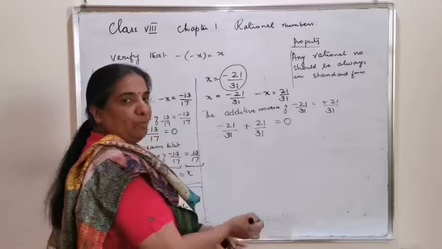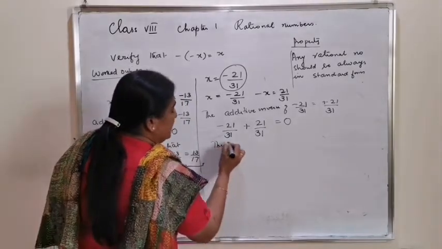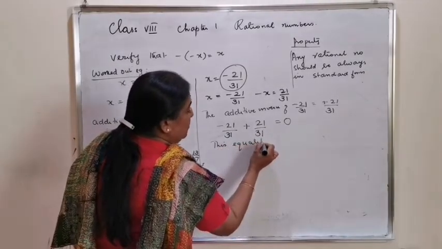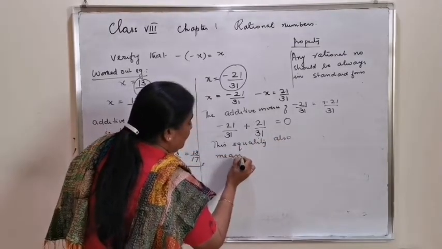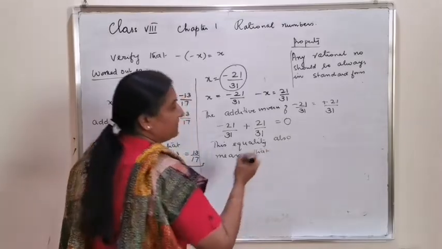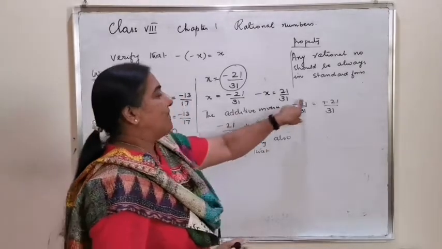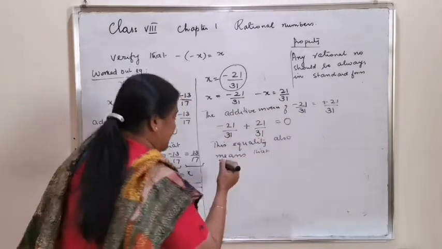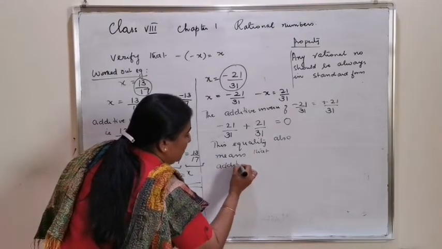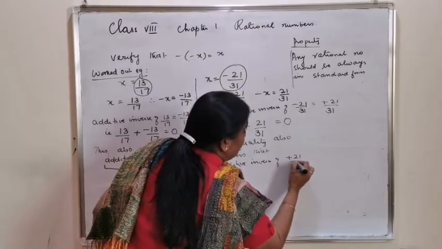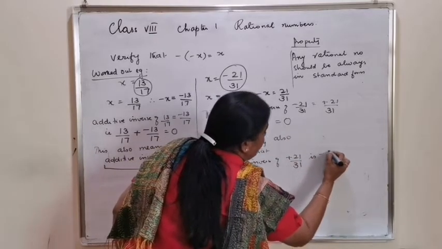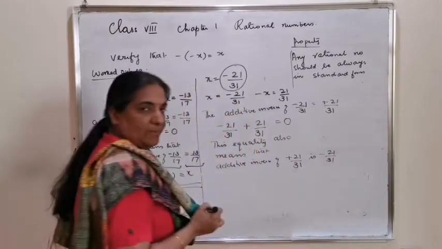It has one more meaning. This equality also means that the additive inverse of positive 21 by 31 is negative 21 by 31.